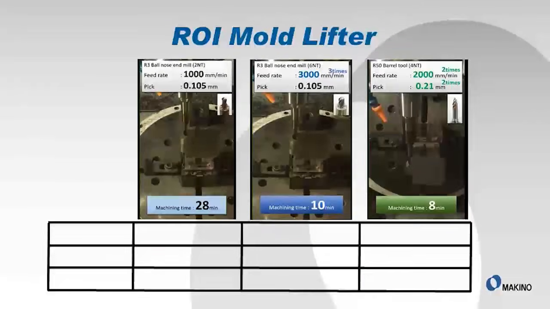Doing a similar economic analysis on those three approaches on the mold lifter part, at a pro rata rate of about $50 an hour, you can see we ranged anywhere from about $23 a part down to $6, $7 a part. At $100, we're looking at $46 all the way down to $13 on the 5XC approach.